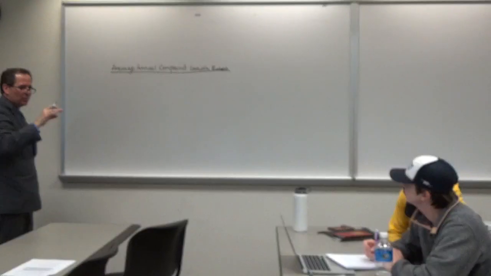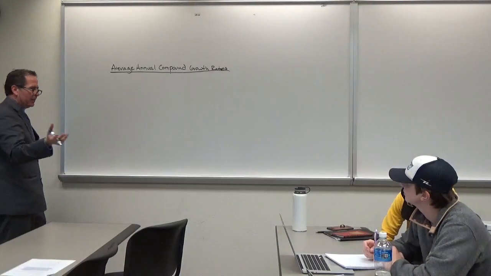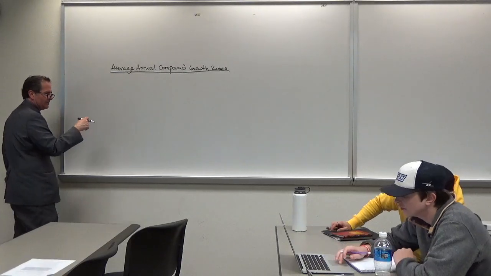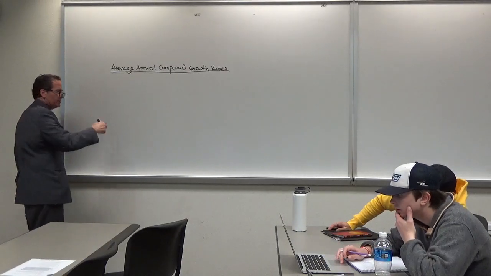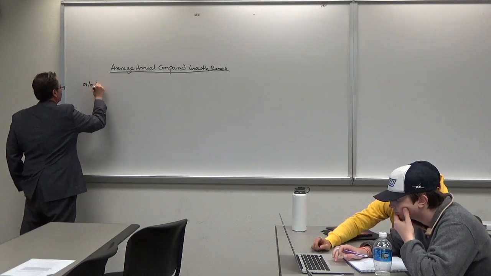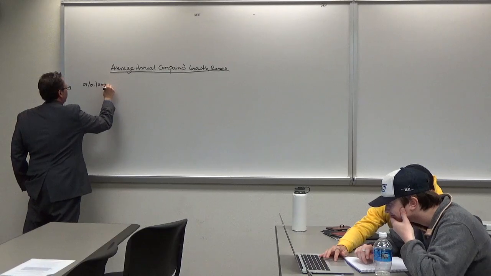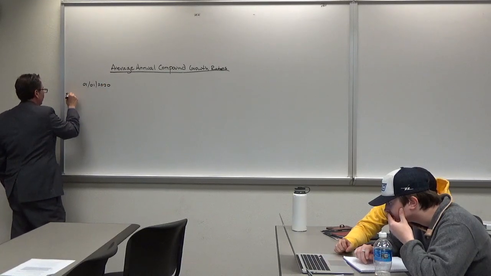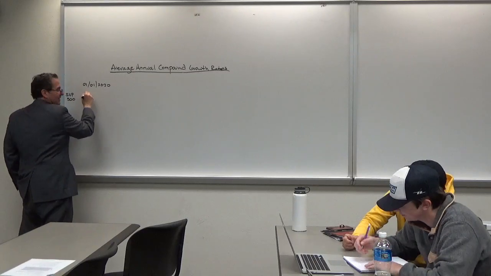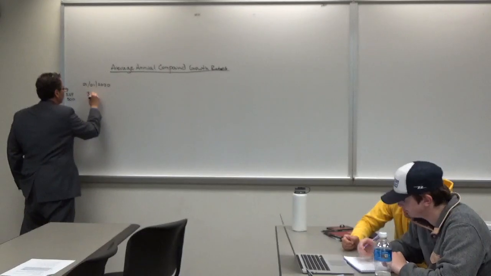Okay, so this is what most people will do. Where's the S&P 500 right now? Or give it to me as of January 1st, 2020. Where was the S&P 500? 3242?